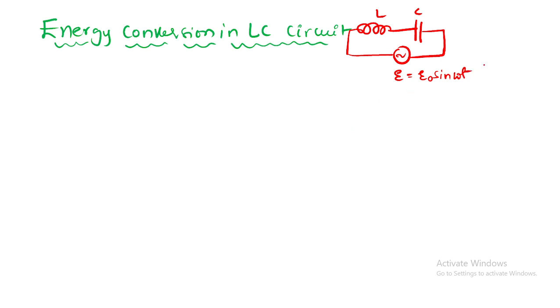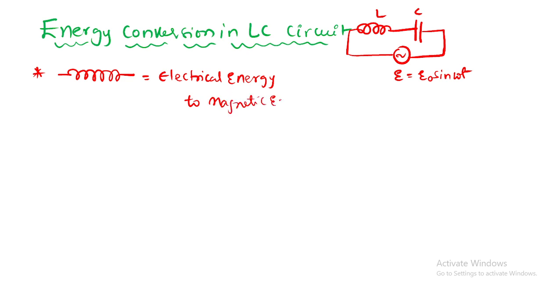Now we will try to see energy conversion. Few points I would like to mention here. The inductor stores energy. What will it store here? It will convert electrical energy to magnetic energy.